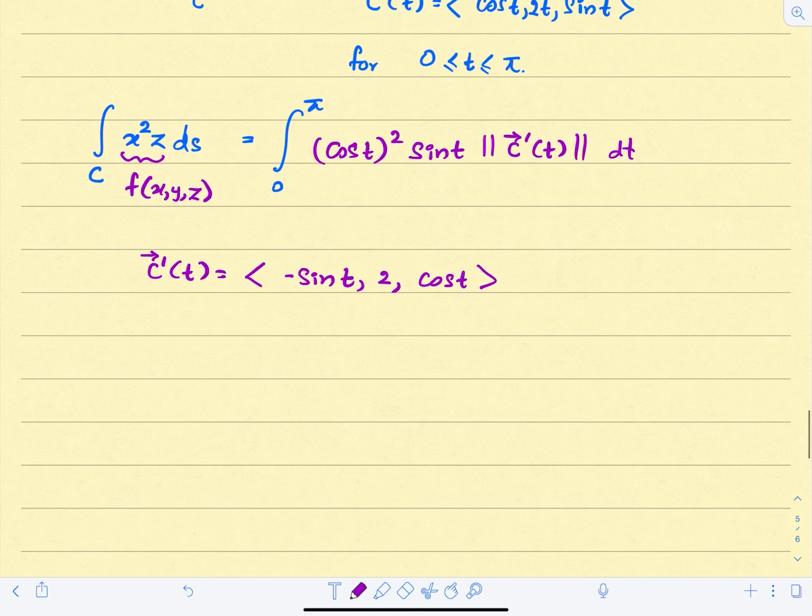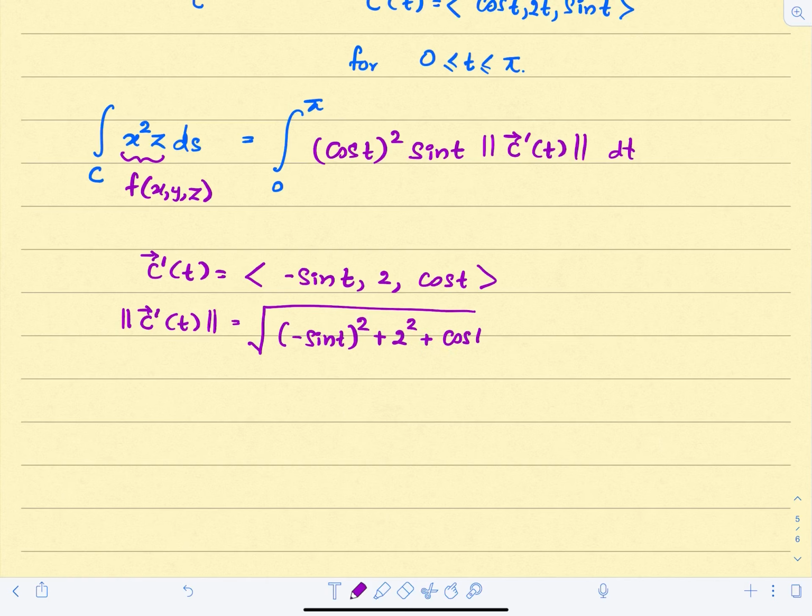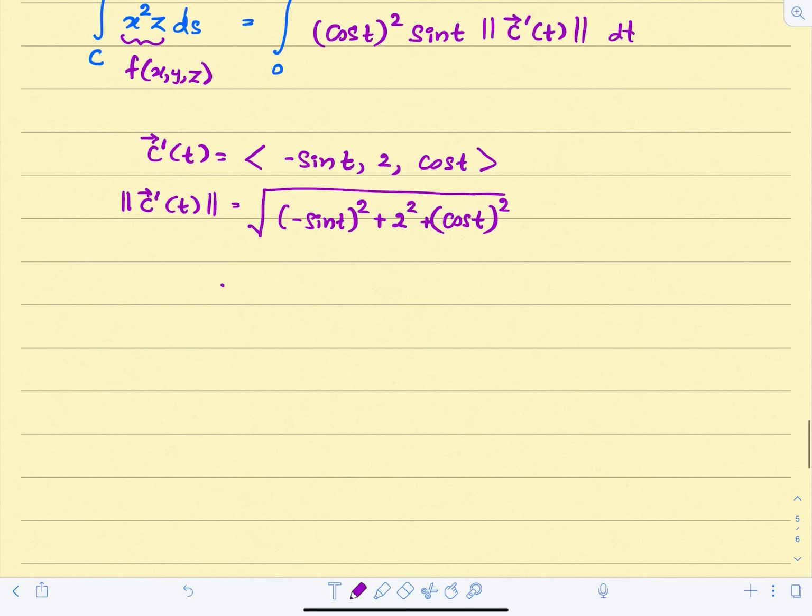Now what we need is the magnitude of this vector, which equals the square root of minus sine t squared plus 2 squared plus cosine t squared. This becomes the square root of sine squared t plus 4 plus cosine squared t.